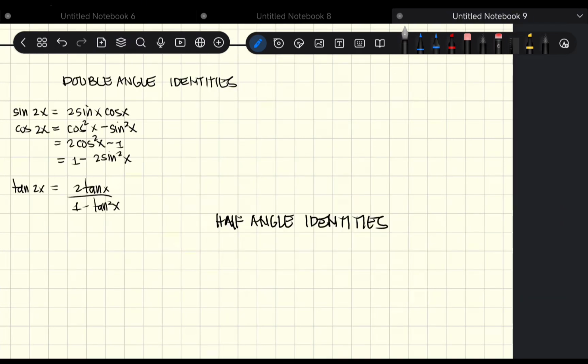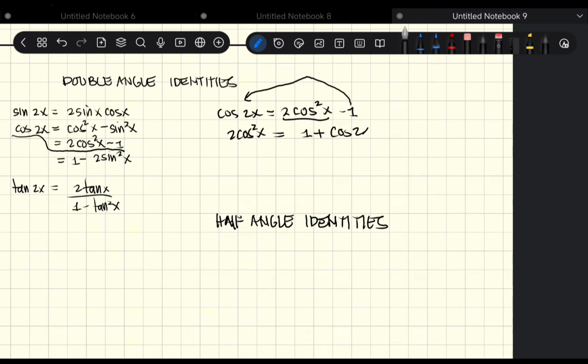For half angle identities, if we take this, cos 2x is equal to 2 cos squared x minus 1. If we transpose negative 1, so that is 2 here, 2 cos squared x is equal to 1 plus cos 2x.